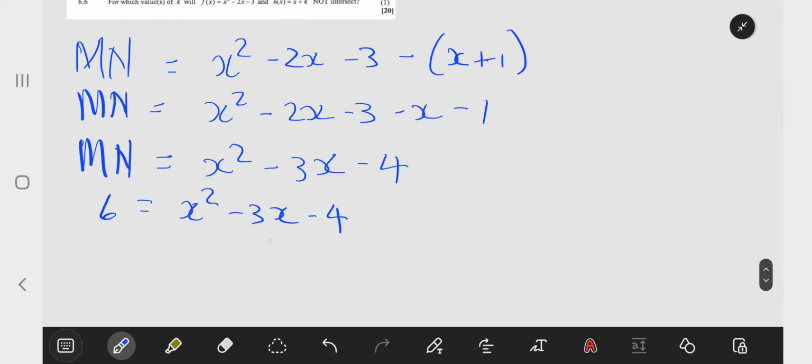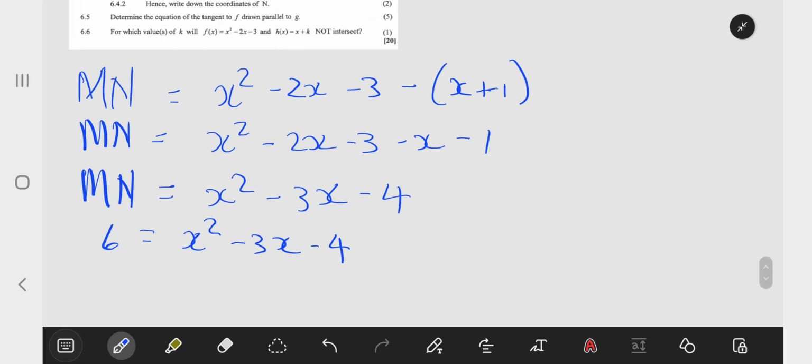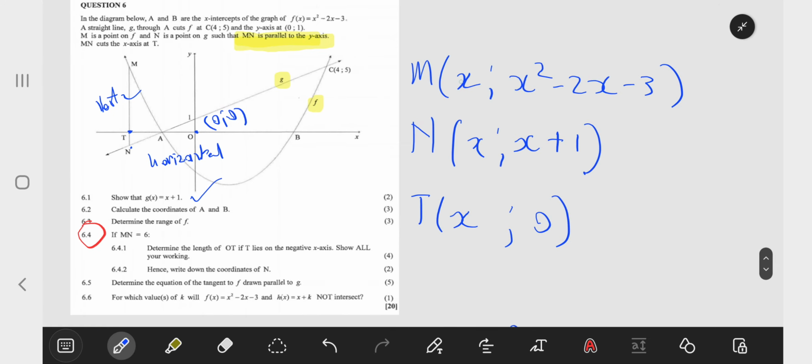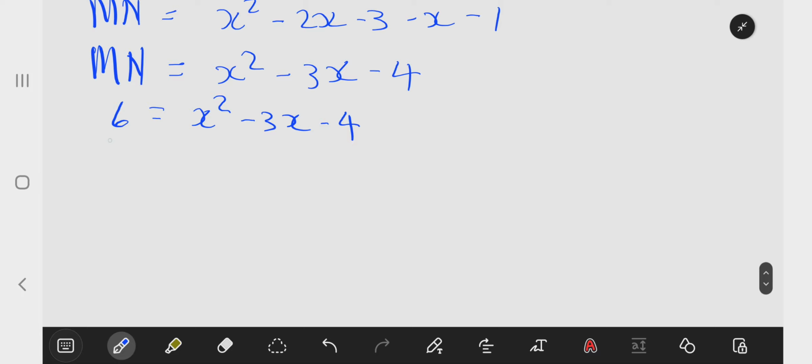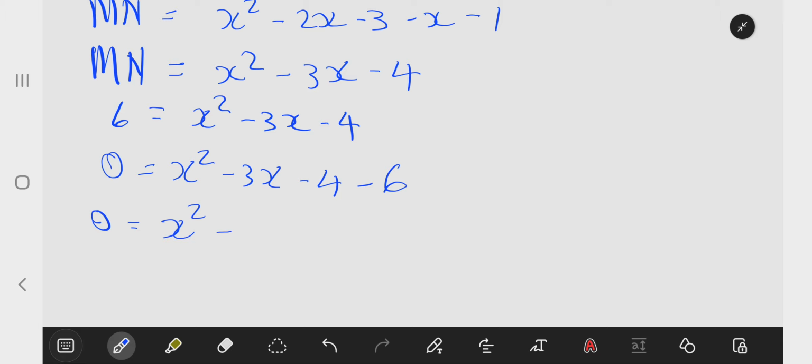So now we want to solve for x, and the x we are solving for is this x here, and still also the x of T. So it is this x we are solving for, right? So let's solve for x from this equation. So 0 is equal to x squared minus 3x minus 4 minus 6. We transpose that 6 over, right? And then 0 is equal to x squared minus 3x minus 10.